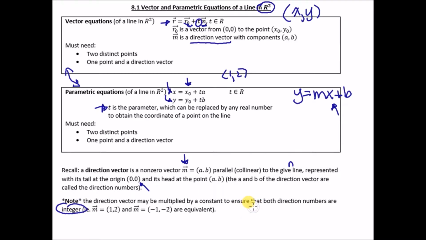For example, if we had 1/2 and 1/3, we could multiply this by 6, which is the lowest common multiple, and we would get 3, 2. Then these two would be equivalent. Just like 1, 2: if you multiplied it by -1, it would become -1, -2, again equivalent.